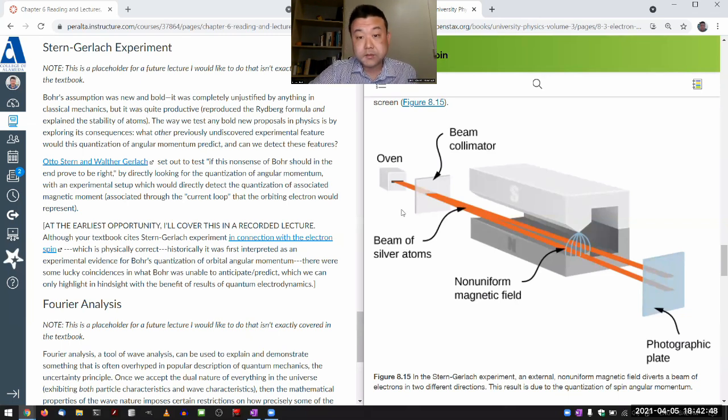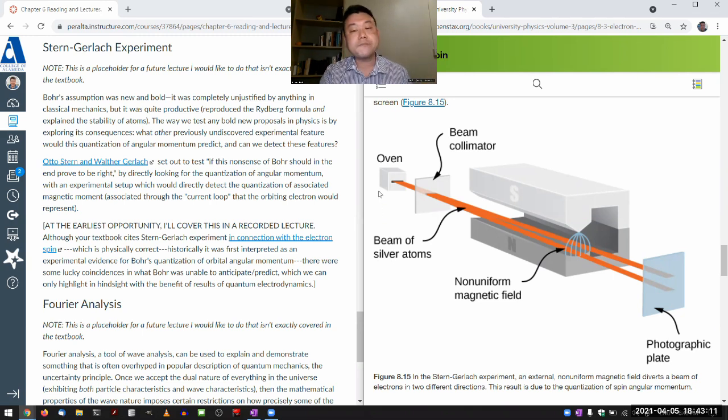In this experiment, they are actually using neutral atoms, silver atoms. The main reason they were using silver atoms is, theoretically it would have been simplest if they used hydrogen atoms, but hydrogen doesn't have the right chemical property to be used the same way a beam of silver atoms can be used.